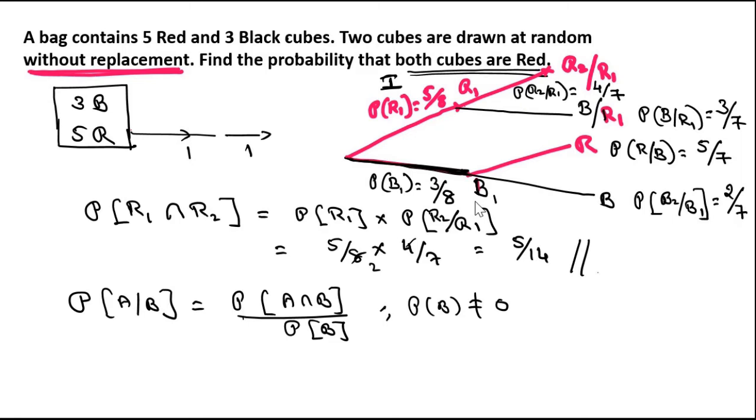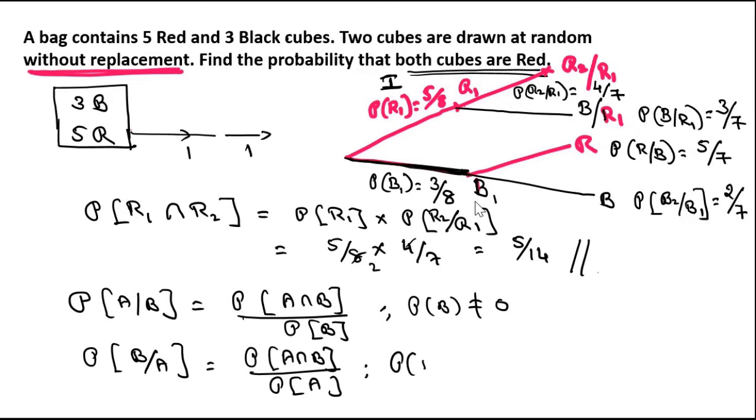Or we have seen that the probability of B given A means the probability of A intersection B divided by the probability of A. The probability of A is not equal to 0, as division by 0 is not defined.